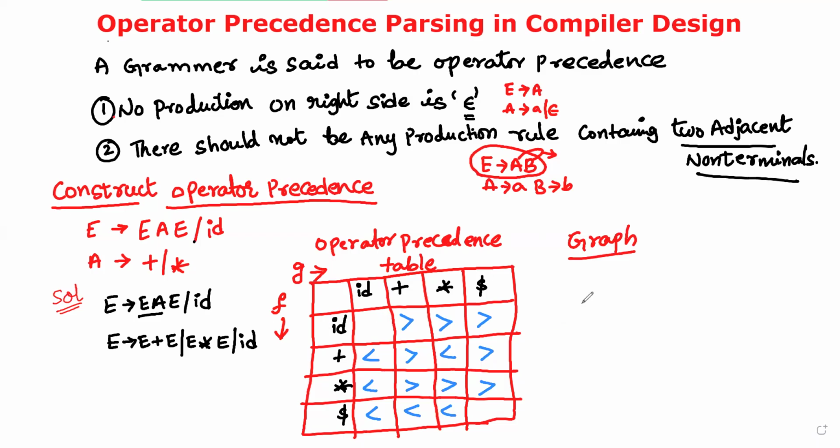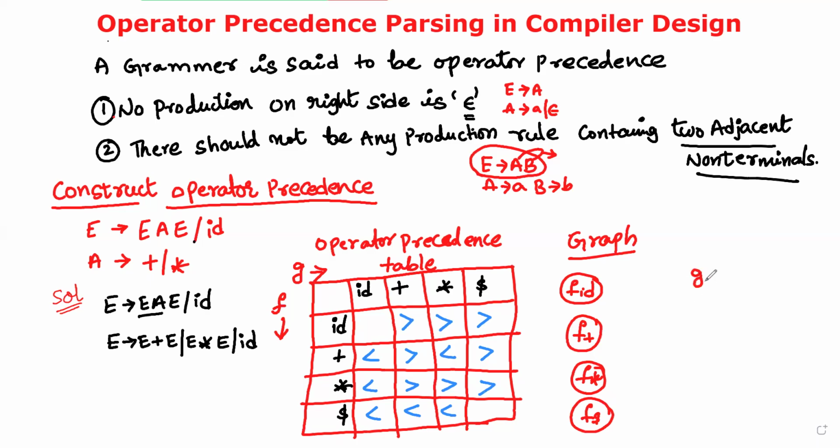So let us say this is f of id, second one f plus, then f star, then I am going to have f dollar. Okay friends, next similarly I am going to write g values also.